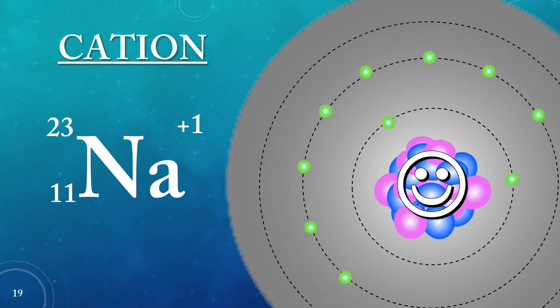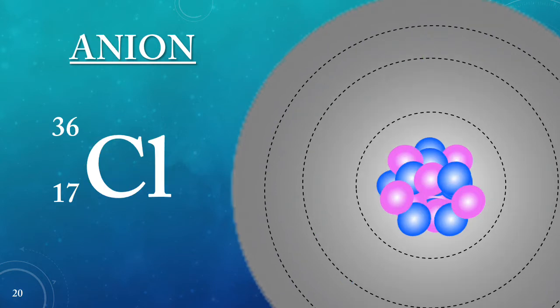Let's look and see what happens with anions. So here's an anion of chlorine. Okay, again, chlorine has 17 electrons when it's neutral. There's 2 on the first energy level, there's 8 on the second energy level, and the third energy level is going to have 7. Now 2 plus 8 is 10, plus 7 is equal to 17.